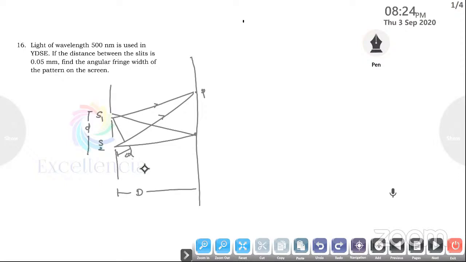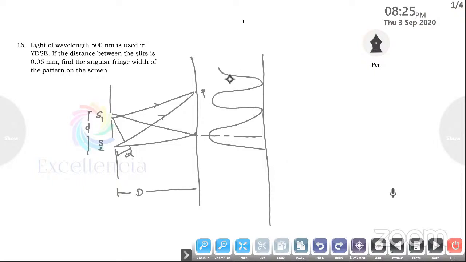The question is asking for angular fringe width. In an interference pattern, all the bright fringes are of the same width, equally spaced, and of almost the same intensity. So maxima, minima, again maxima, again minima, this kind of pattern repeats.